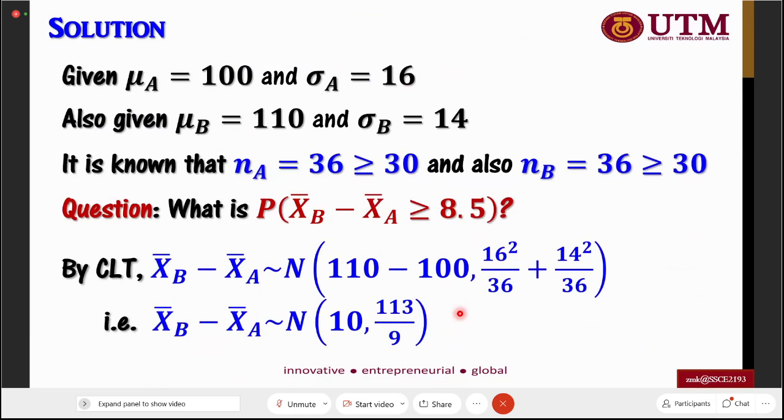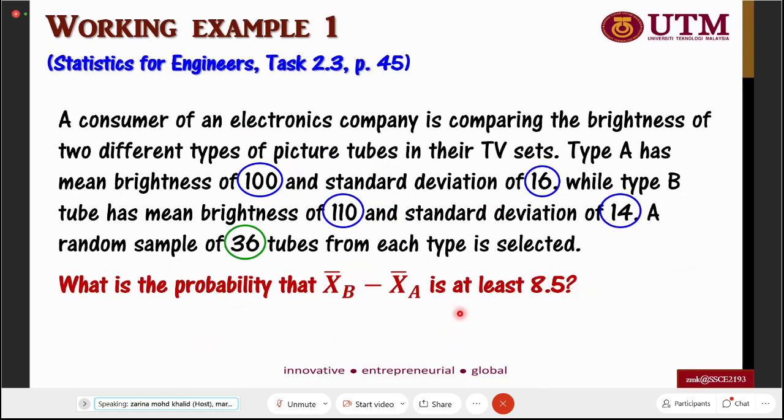See, the sample sizes for both samples are large. So what does the central limit theorem say? X bar A and X bar B both will be normal, correct?